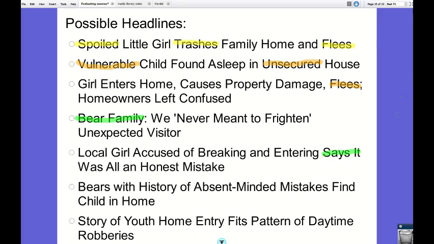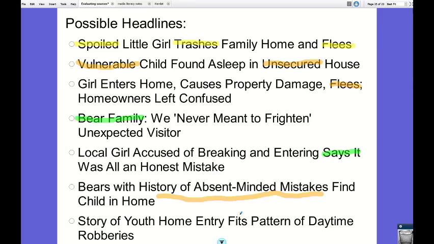Okay, the next one, kind of like the unsecured house, seems to do a little bit of victim blaming. The bears with a history of absent-minded mistakes certainly doesn't make them look like the good guys. And kind of like I mentioned on the first one, that might seem like you're being negative towards the bears, but maybe you get in the article and there are past police reports where their house has gotten broken into other times because they just left the door wide open.